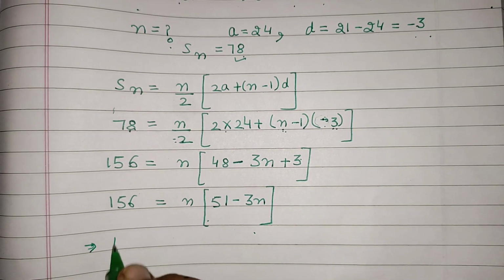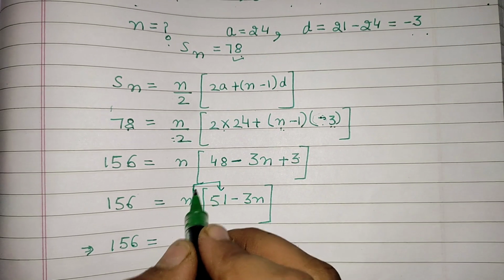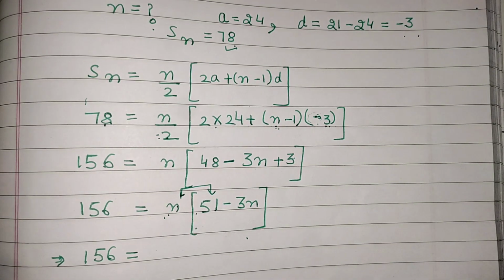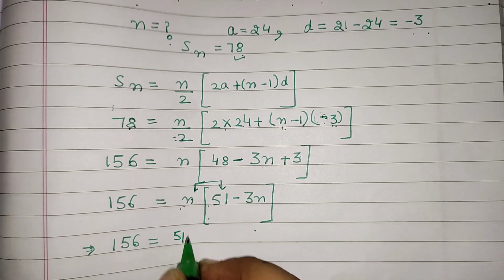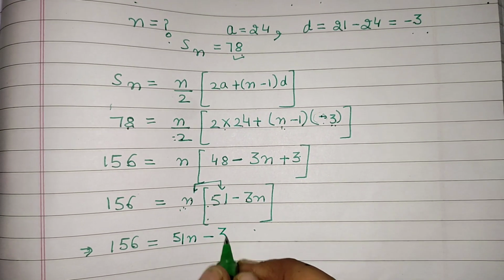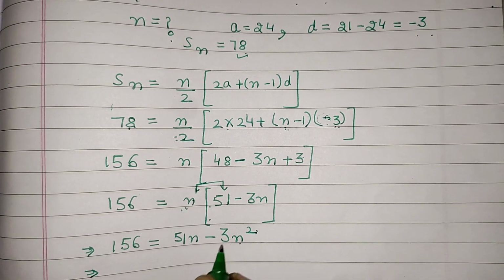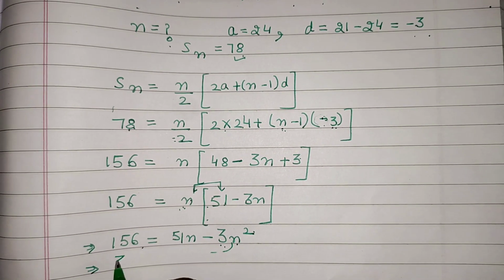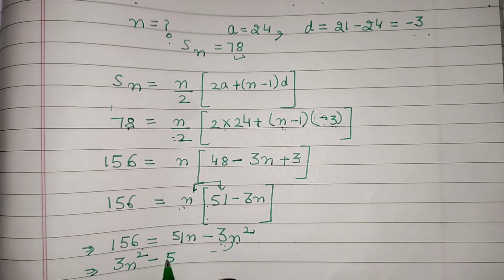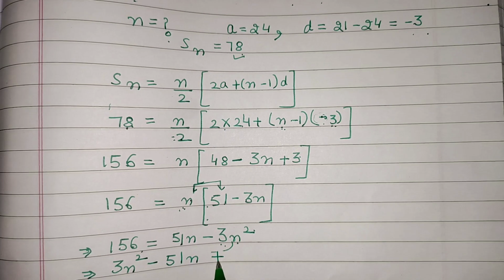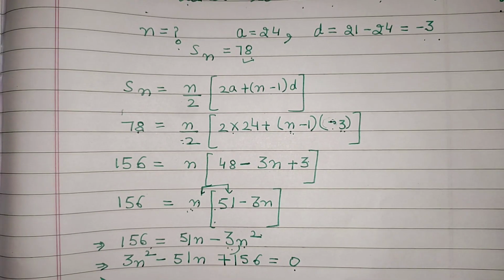Now this will be a quadratic equation, and you know how to solve a quadratic equation. This will be 51n and this will be minus 3n square. If this 3n square is negative, when it comes to the left hand side it will become positive. This 51n will become negative, and this 156 is positive, so it will remain as it is.